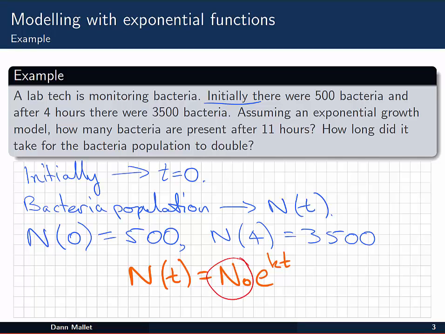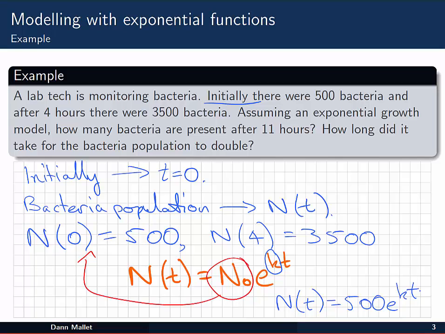N0, this constant sitting in our model, is actually equal to N at 0, so we can simply replace that one. On the other hand, the remaining quantity that we need to figure out, k, is not as easy to get at. So let's just write down our N naught first of all to give us our first starting point at the model, and then try to see how we can get at that k.